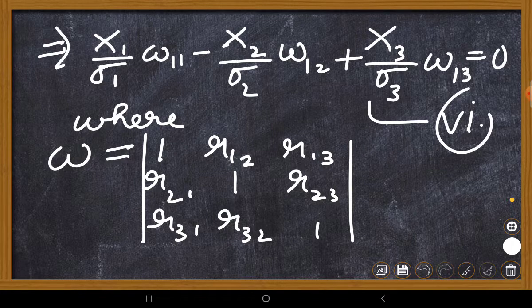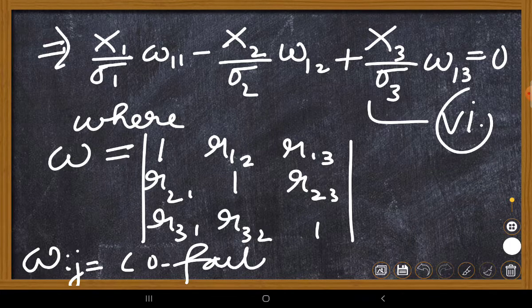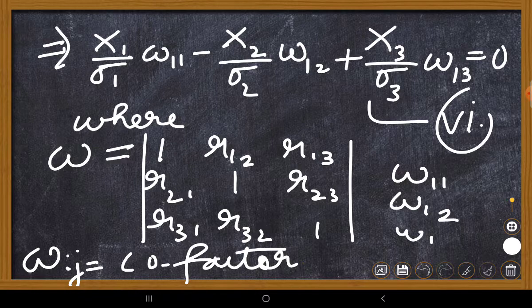Remember that r12 and r21 are the same, r13 and r31 are the same, and so on, where omega ij is the cofactor of the ith row and the jth column. I think you already know what a cofactor is. From here you can easily find omega 11, omega 12, omega 13.